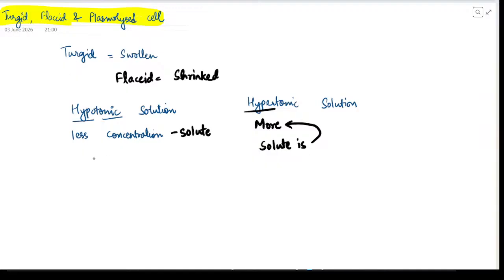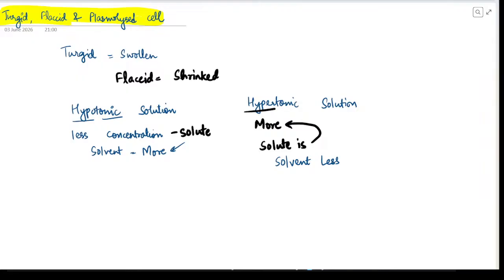Always remember, the solvent will be inversely related, and here because the solute is more, the solvent has to be less, right? So a hypotonic solution has low solute and high solvent concentration.